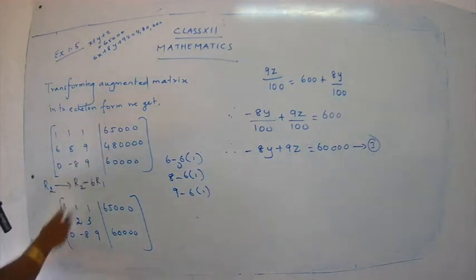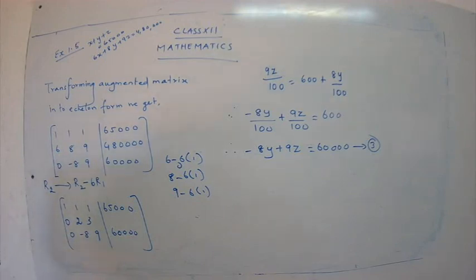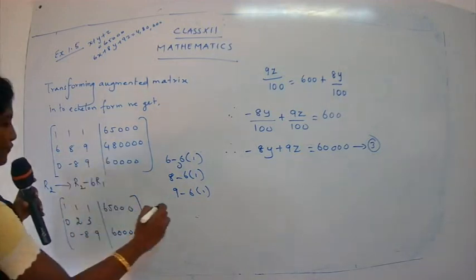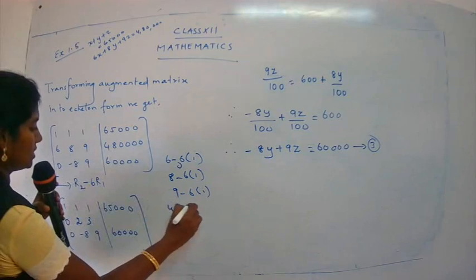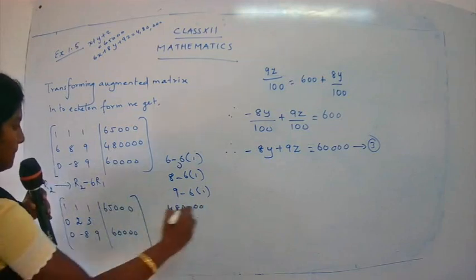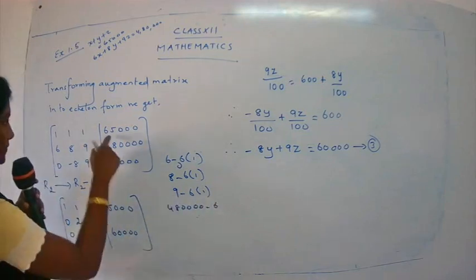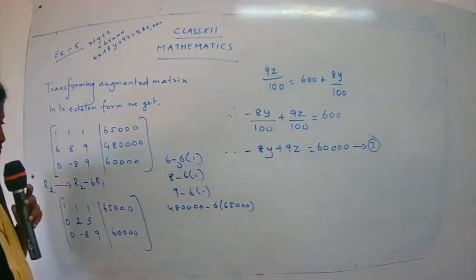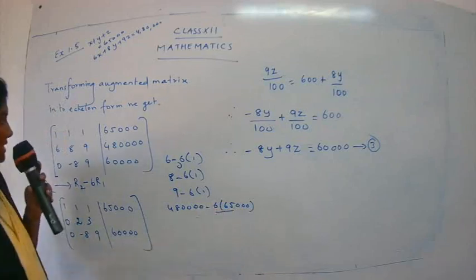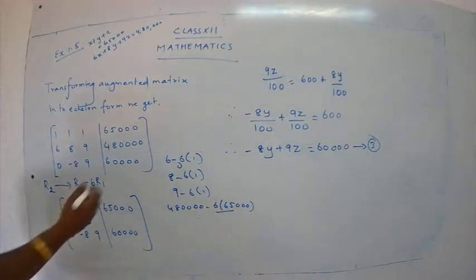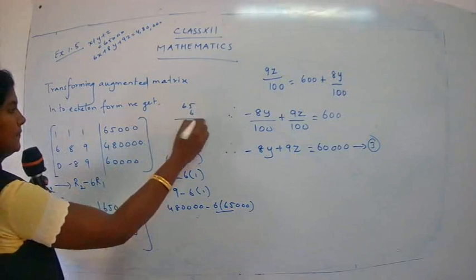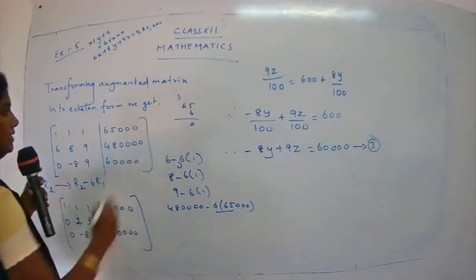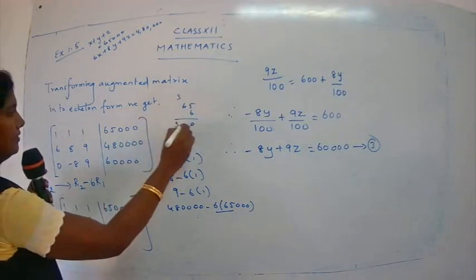Let's go for this. Don't get confused with the big numbers, it's just a few calculations. What do you have? R2: 4,80,000 minus 6 times R1, 65,000. Don't go on multiplying all the zeros, just multiply the numbers. 65 into 6: 6 fives are 30, 6 sixes are 36 and 3 is 39.